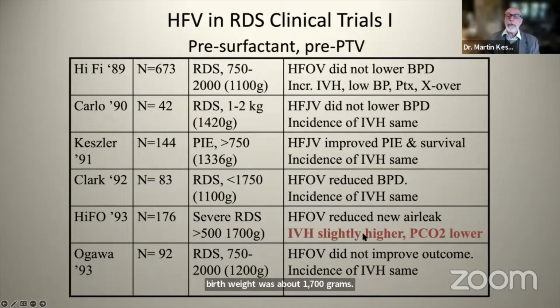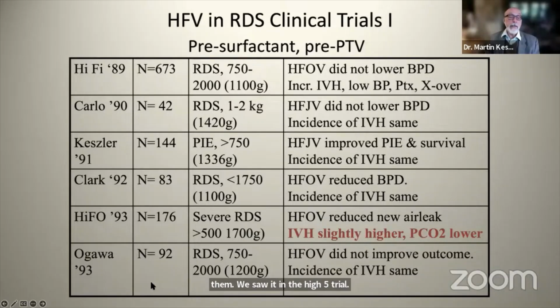There was a slightly higher incidence of IVH, and the PCO2 was significantly lower. So this is a recurring theme. We're going to talk about complications. This is one of them. We saw it in the HiFi trial. They did not publish the PCO2 data.